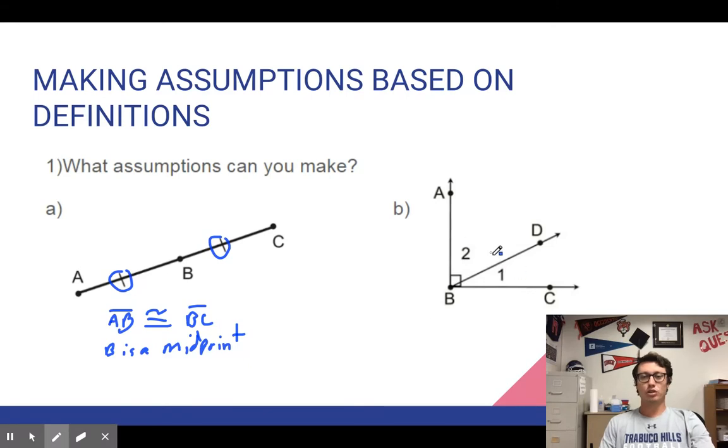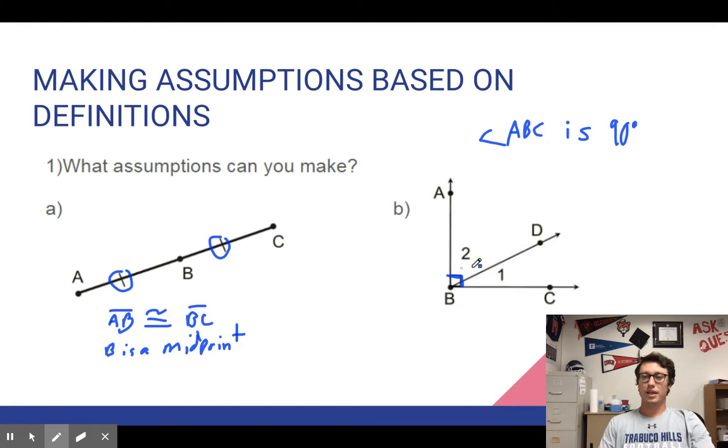We can't conclude much about angle 1 versus angle 2, but since we are given this little box in our angle, we can conclude that angle ABC is 90 degrees.